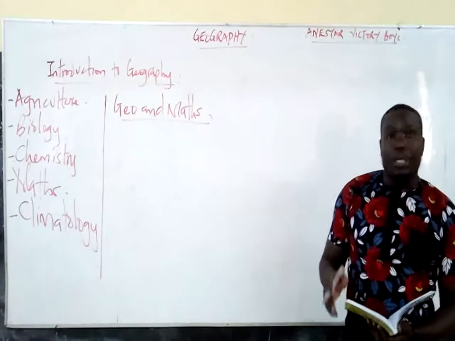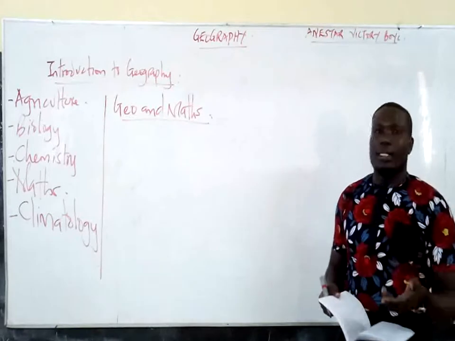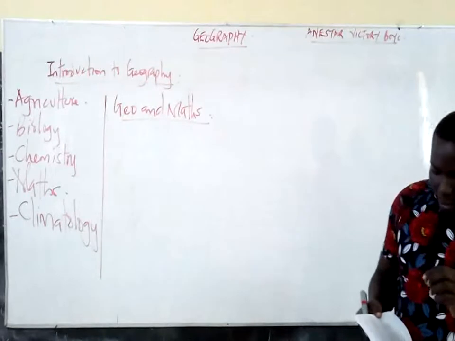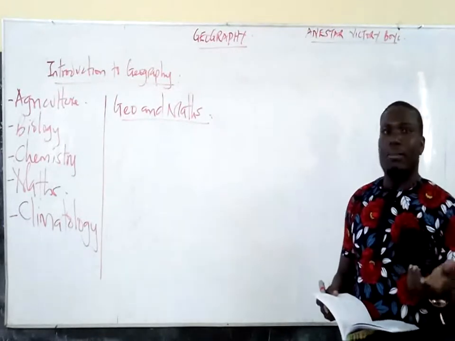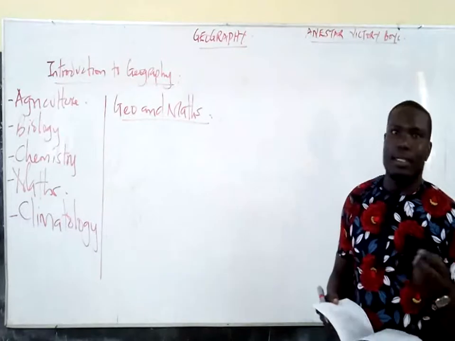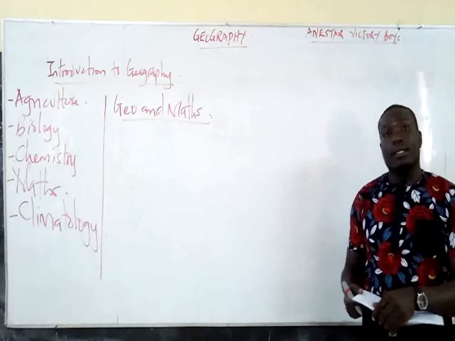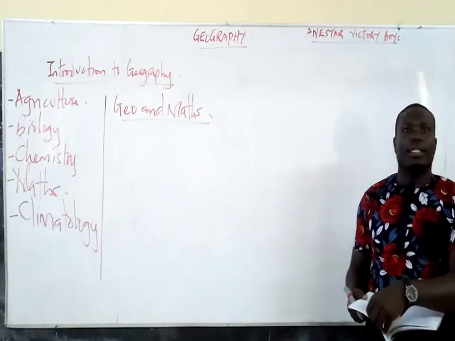When you look at geography, we are using quite a number of formulas derived from the concept of the mathematical subject. We are using quite a number of formulas to calculate the distances. In various topics that we are going to learn ahead in Form 2, Form 3, and also Form 4, we are going to look at statistics.